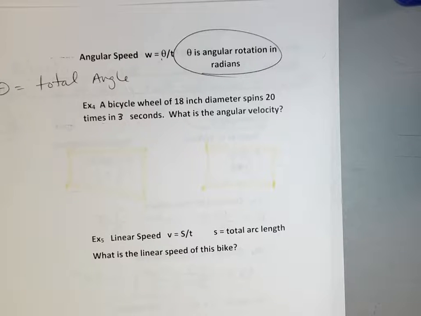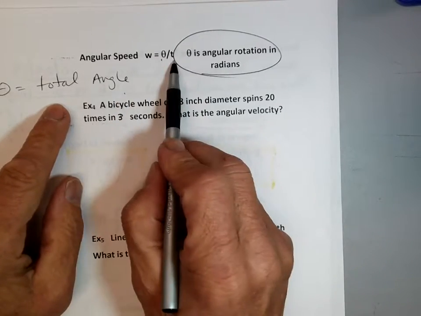Does that make sense? Possibly in a second, 1001, okay? So its angular speed would be 720 degrees in 1 second, right? But theta's got to be in radians because when we start to try and put it in a linear speed, that's when we tip the bicycle over and it's going forward. It's a linear speed. So the angular speed is going to be the total angle over time. Well, that's not too bad.